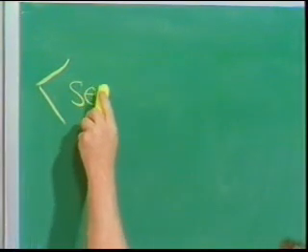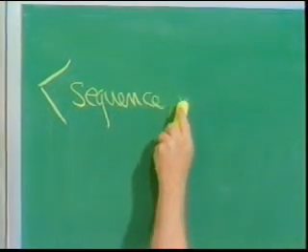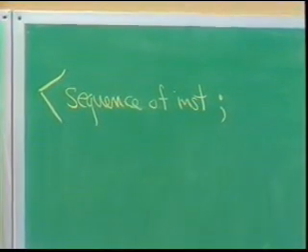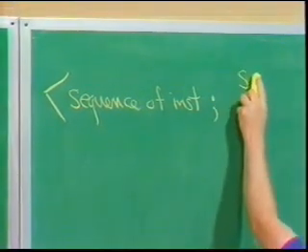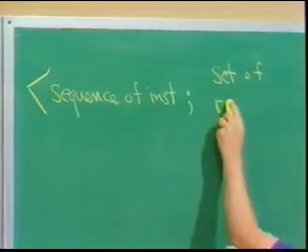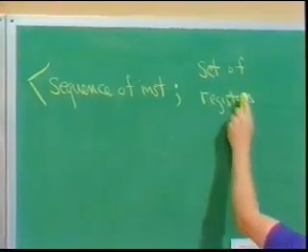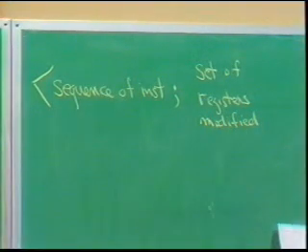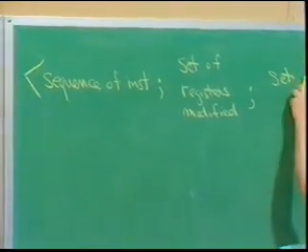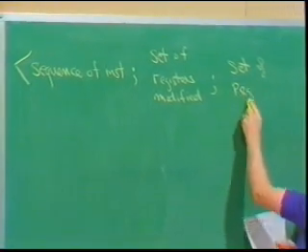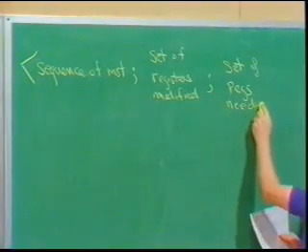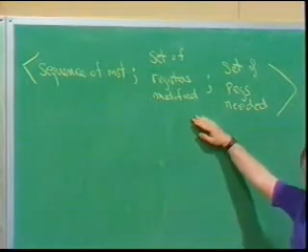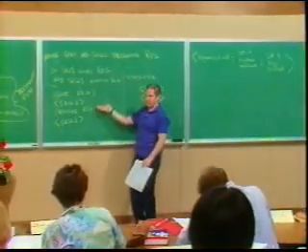It has the actual sequence of instructions, and along with it, there's the set of registers modified, and then there's the set of registers needed. That's the information the compiler draws on in order to be able to do this operation.